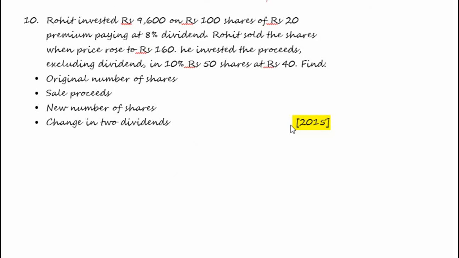And he invests the entire sales proceeds in shares of a new company, let us say company B, which is paying 10% dividend, and NV is 50 and he bought at 40. So we need to compare, and here he gets a dividend again. So we have to compare the dividend during the first year and during the second year.